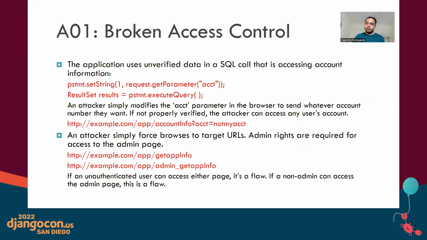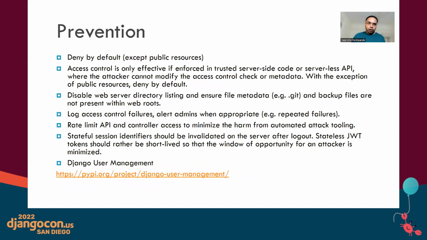Here an attacker can simply force the browser to target URLs. Admin rights are required to access the admin web page, but if there is an authentication problem, then the attacker can easily access the admin page without authentication. So that's a flaw.